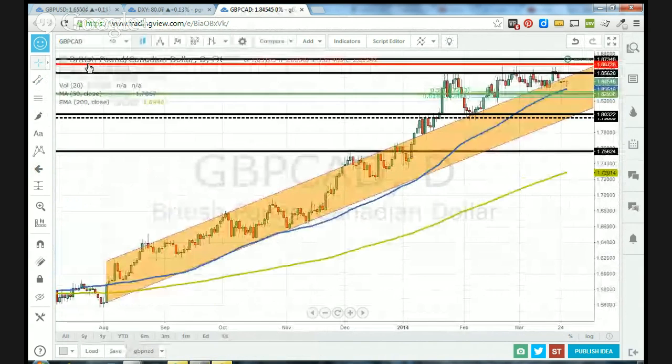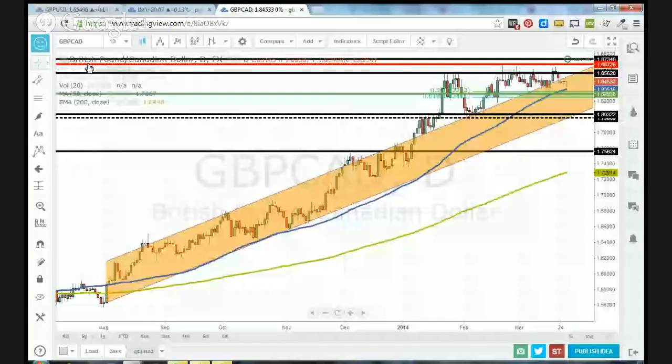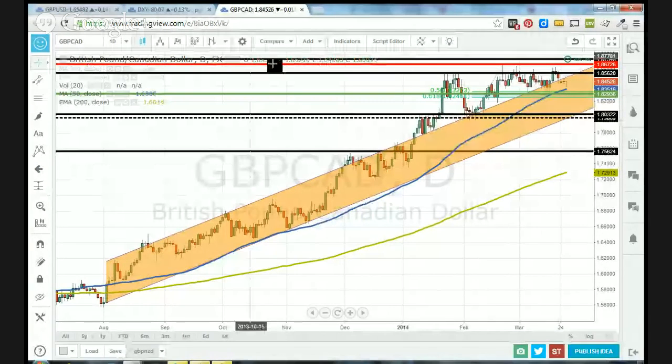Pound Canada. I talked about this having a bearish checkmate here. The bears have really drawn the line. I thought this hit my stop, but no, that was on a different pair. But bearish checkmate here, and price is going to have a lot of trouble advancing past 86.72.